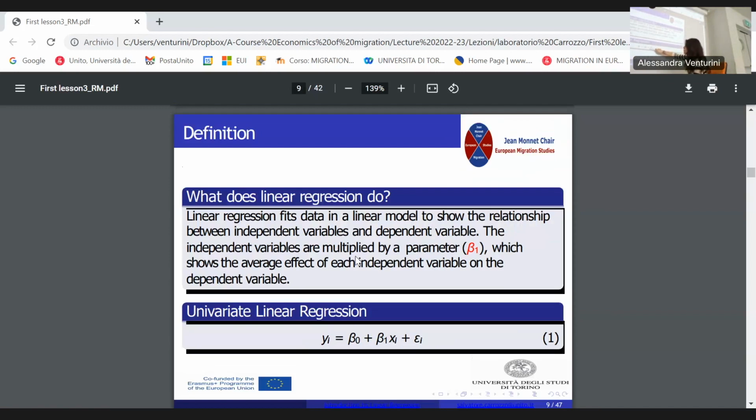That is the beta 1 coefficient. You want to understand the statistical and mathematical method.